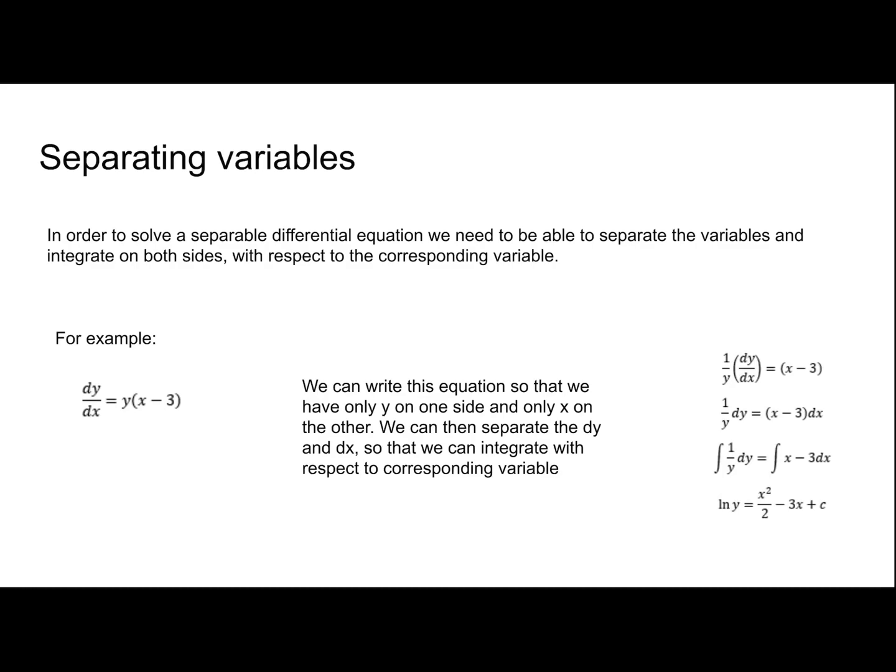And in this case, we can integrate on both sides. So we integrate 1 over y with respect to y, and we integrate x minus 3 with respect to x. Our result is that ln of y equals x squared over 2 minus 3x plus c. If we substitute this solution back into the differential equation, you'll find that it makes it true. So dy over dx does equal y times (x minus 3).